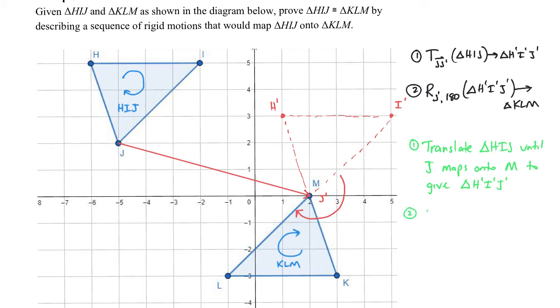Then rotate, whoops, I spelled that wrong, about M 180 degrees, and you can even add this, until I prime maps onto L to give triangle KLM.